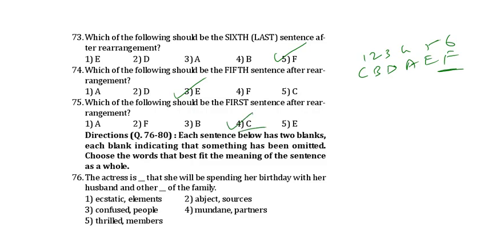See the next question. 76 to 80. Each sentence below has two blanks, each indicating something has been omitted. Choose the words that best fit the meaning of the sentence as a whole. Now here there are some blanks given. You should understand the sentence. Now based on that we should answer the question. See the first one.